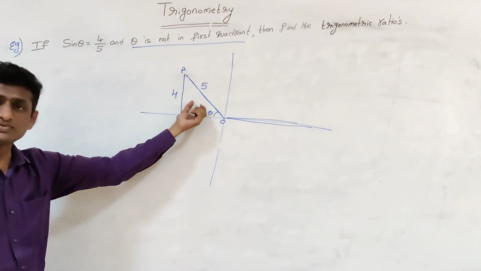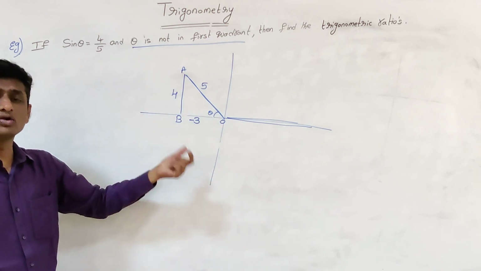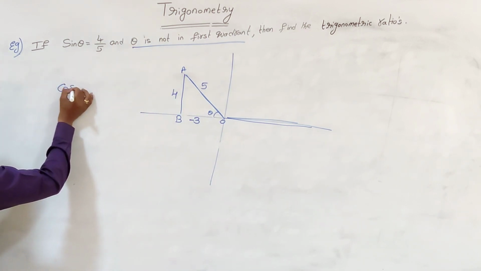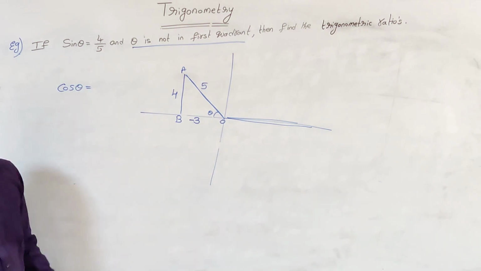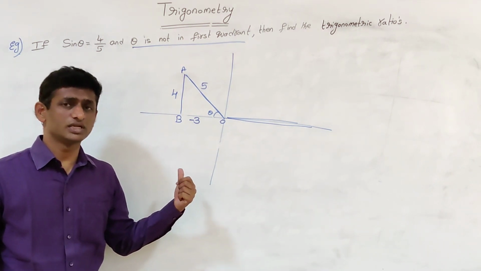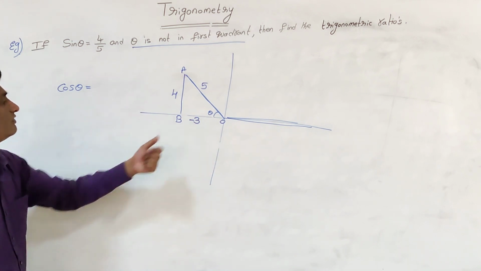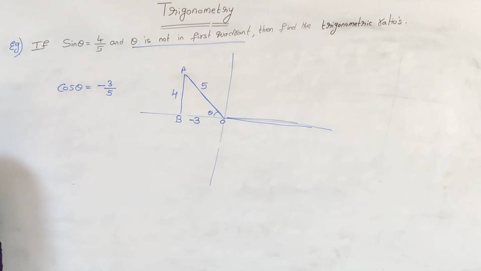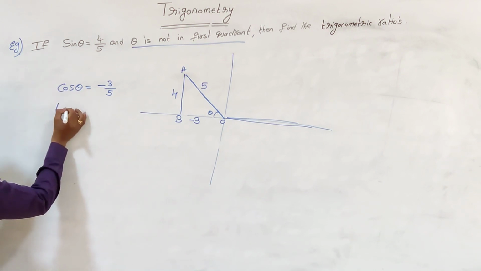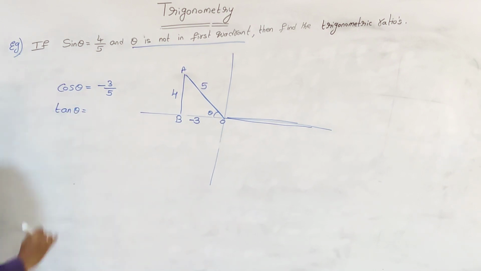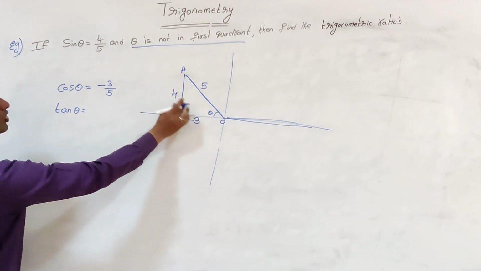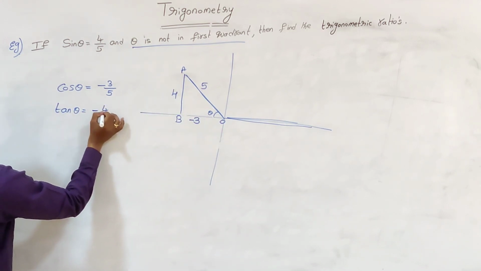Now from this figure we have to find the other trigonometric ratios. So cos theta, what is cos theta? Adjacent side by hypotenuse. So that will be minus 3 by 5. Next, tan theta, opposite side by adjacent side, 4 by minus 3.